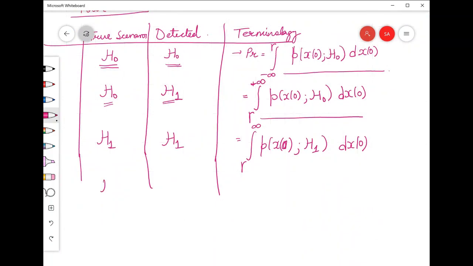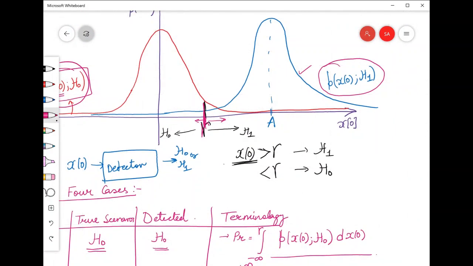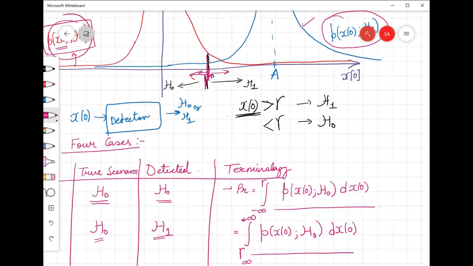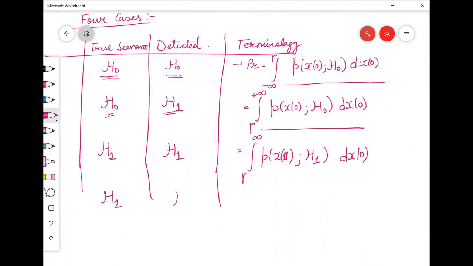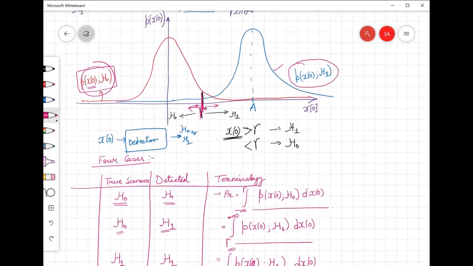And similarly for the other case, if hypothesis 1 was correct but your signal x0 was less than gamma, it lied in this range, then you detect your hypothesis 0 to be correct, and this is with probability minus infinity to gamma, probability of x0 given H1 dx0. So these are the 4 scenarios that can happen in this case.